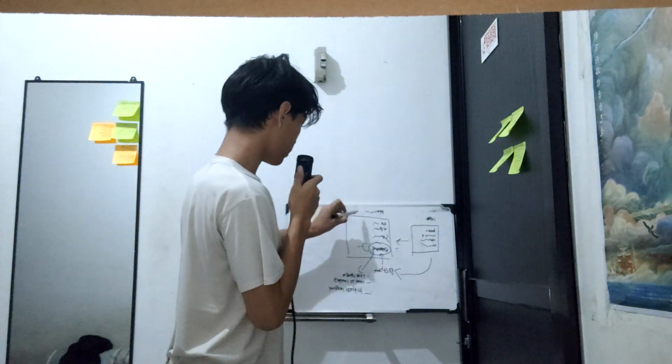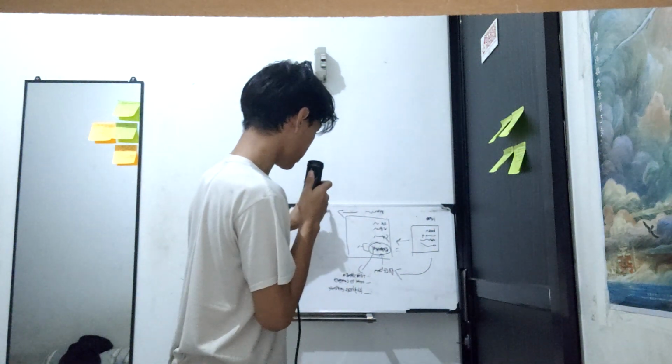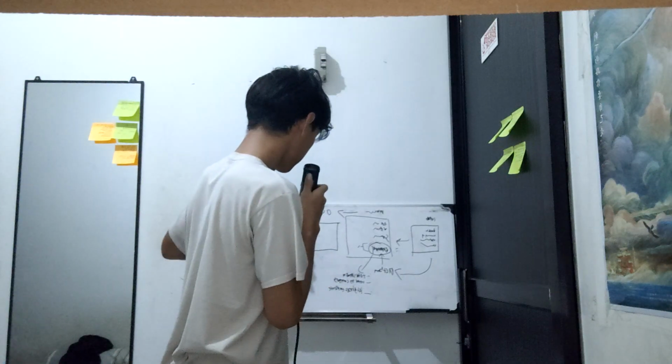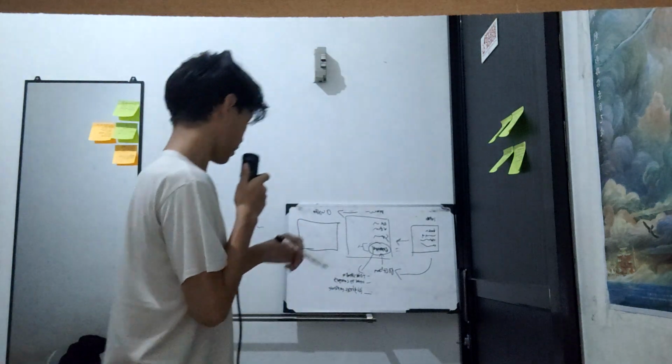And now we move on to the final thing, which is output. Let's draw another big box here. It's more like a rectangle.